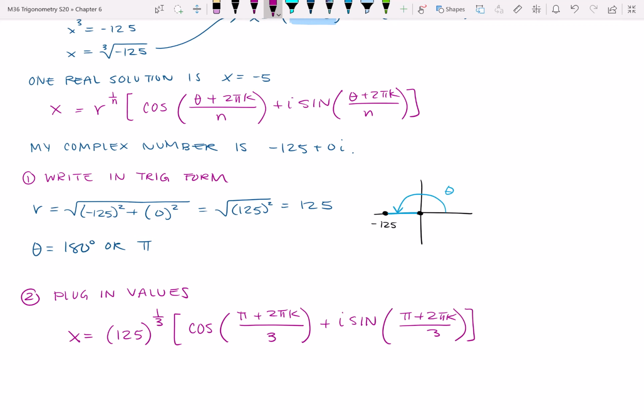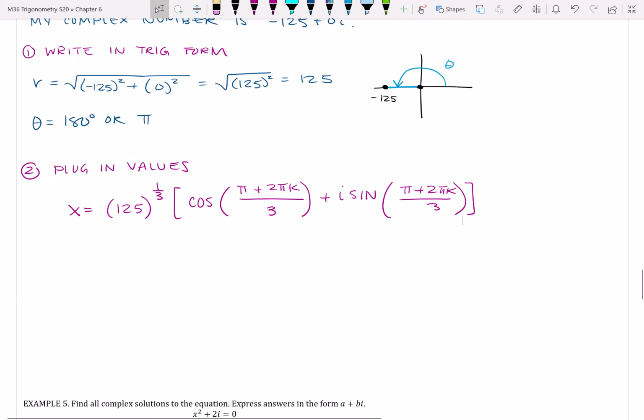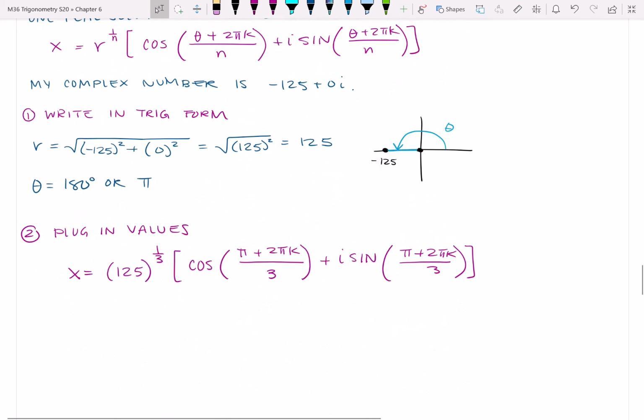The solutions, they want them as a plus bi, so we're going to have to simplify all the way.